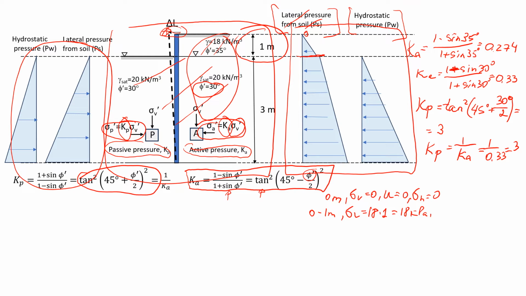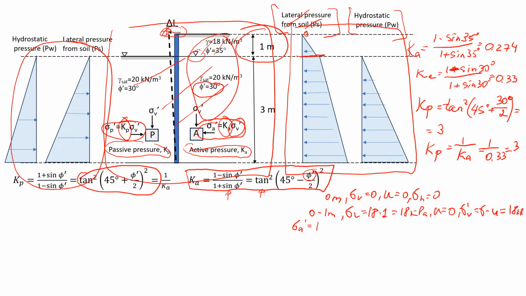There is no water pressure, right? Because the groundwater level starts below 1 meter, which means that here it's 0. This means that vertical effective stress should be equal to total stress, and it's equal to 18 kPa. Now we're going to estimate this active lateral pressure, and remember we use these effective stresses.